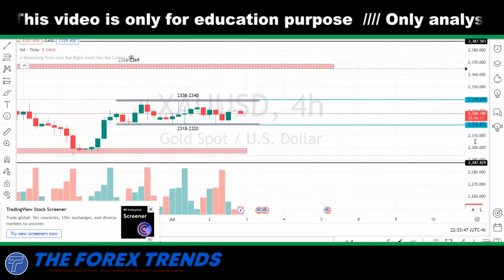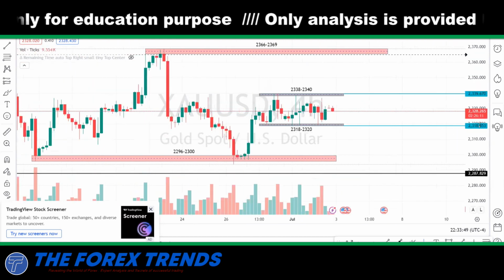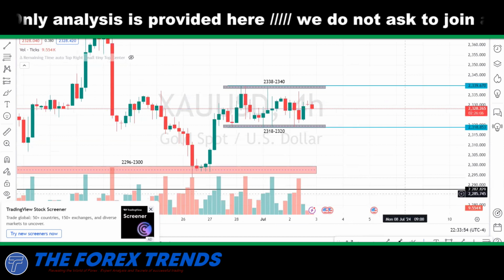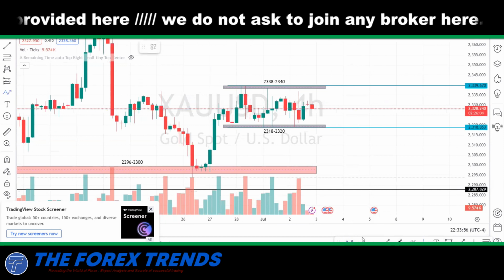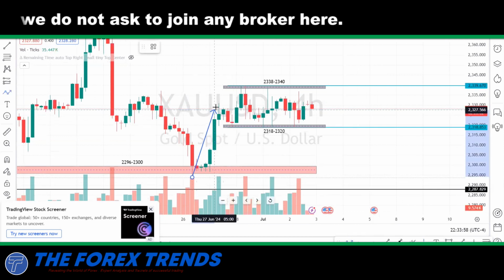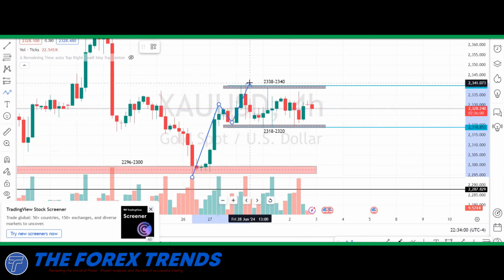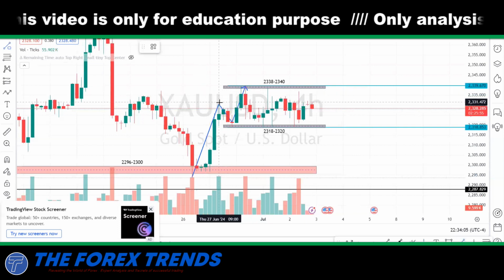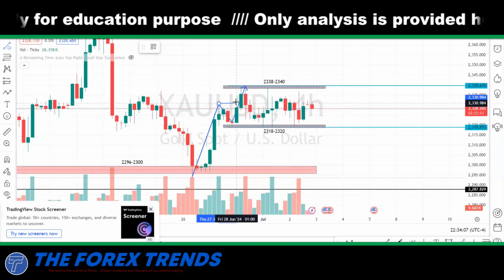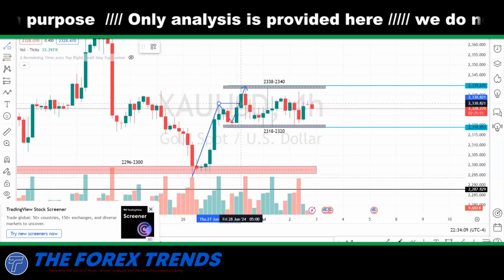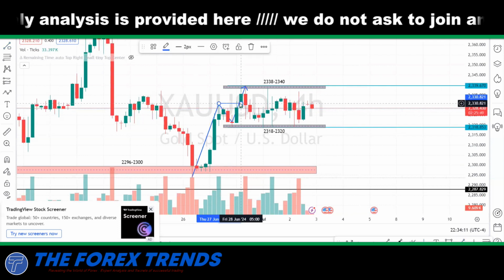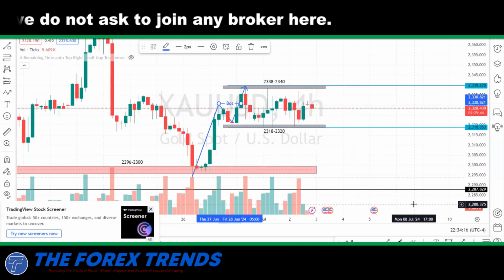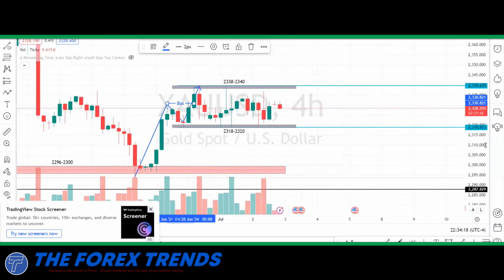In the 4 hour frame, the market is still bullish because there is a higher high, higher low structure and there is a break of structure. And as per our strategy of advanced market structure, we have 2 points of interest whenever the market creates a break of structure.